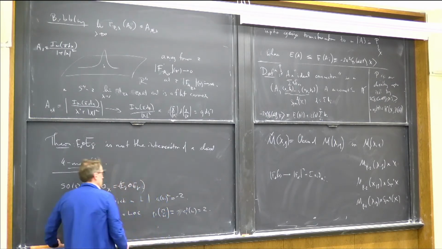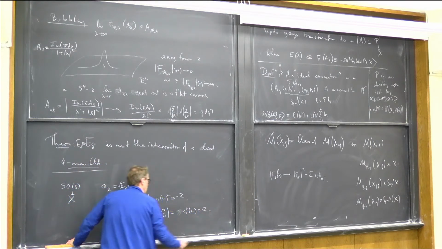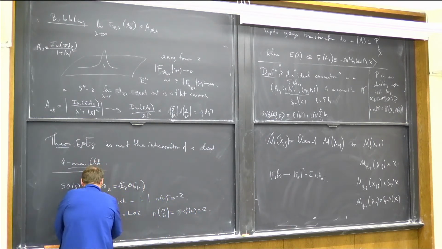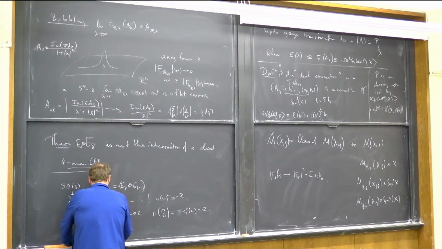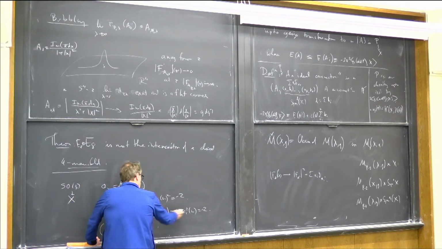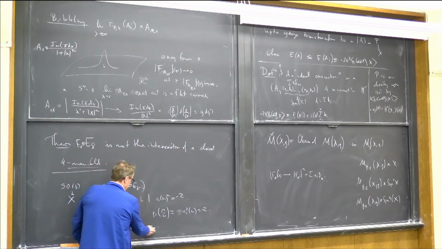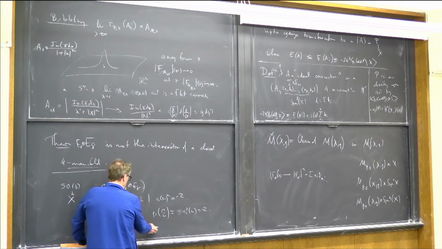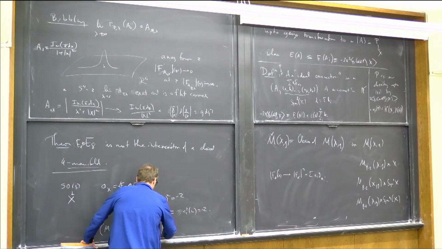So minus 2. So the dimension of the moduli space for C on this X is 2p1, so 4, minus the Euler characteristic plus signature over 2 is 1, so the dimension is 1.